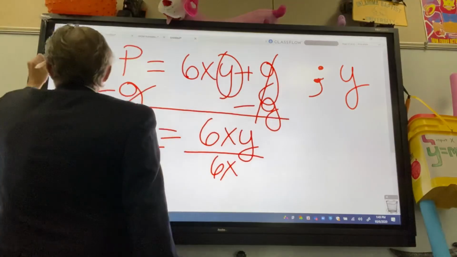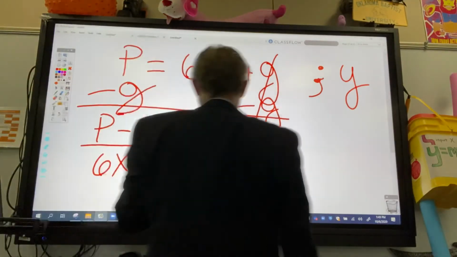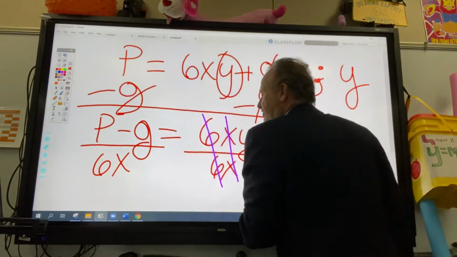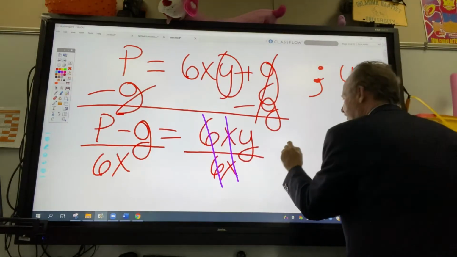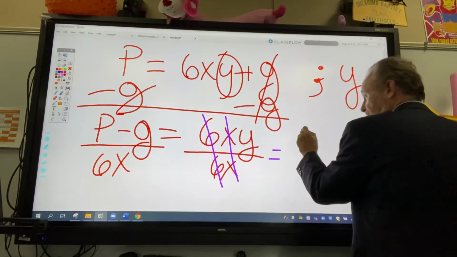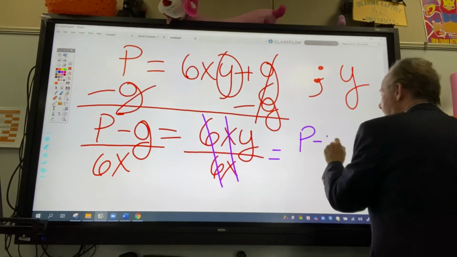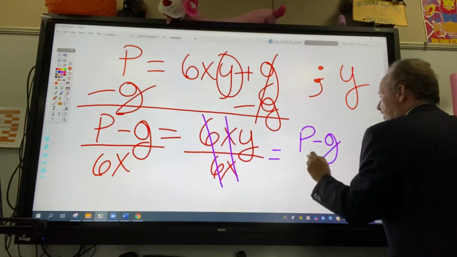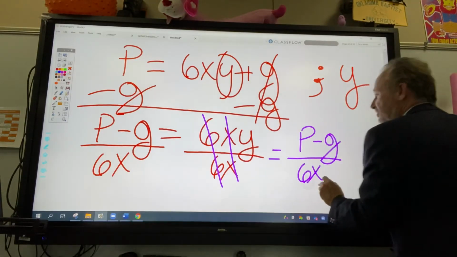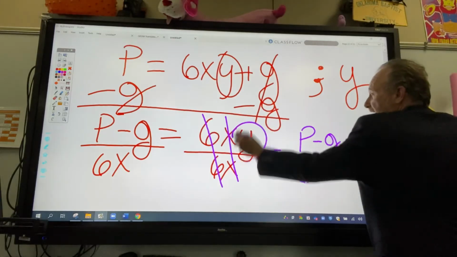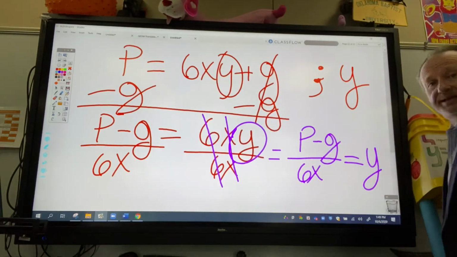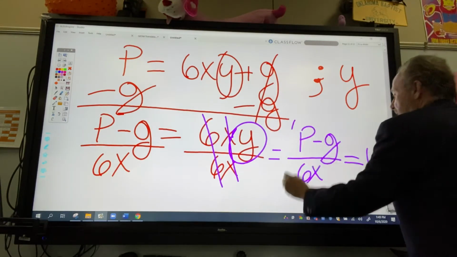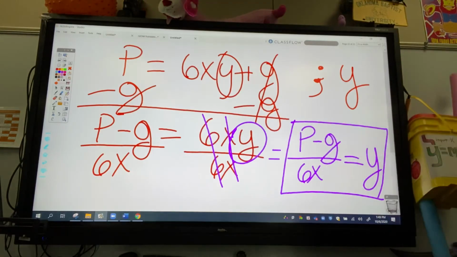That cancels out, I've run out of room, so I'm going to write over here. So this ends up being P minus g over 6x equals, well, what do I got left? Equals y. Boom, bada, bing.